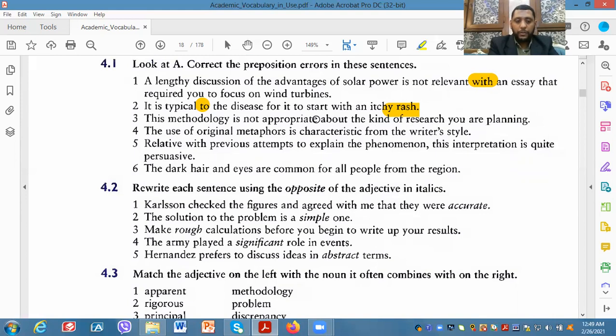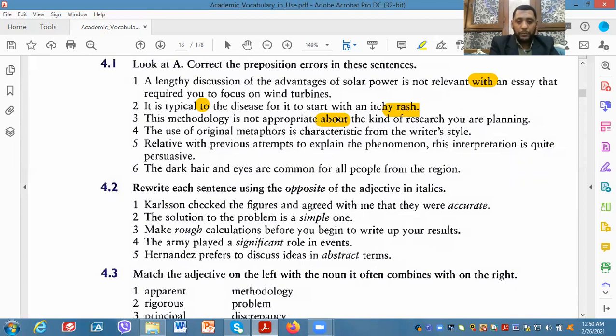This methodology is not appropriate about the kind of research you are planning. So what do you think? About is the preposition that was not correct.